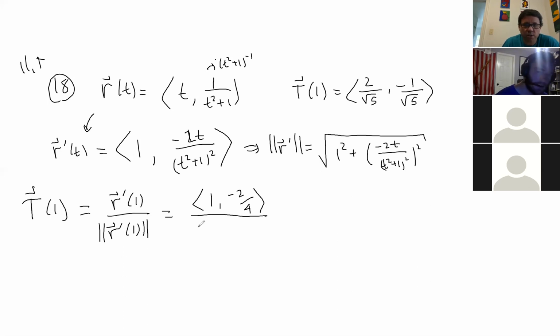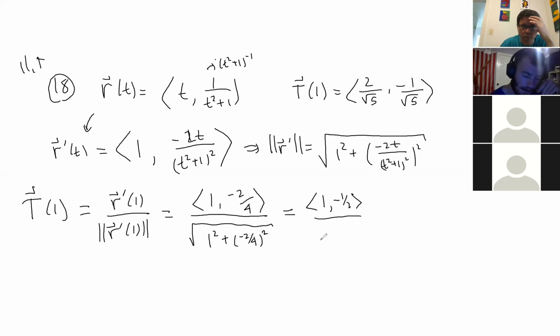Then I'm going to divide it by the length of that. So that's going to be the square root of 1 squared plus -2/4 squared. You can plug it in here, or you could just say, well, I have to take the length of that. So the vector is 1, -1/2, and then what's on the bottom?